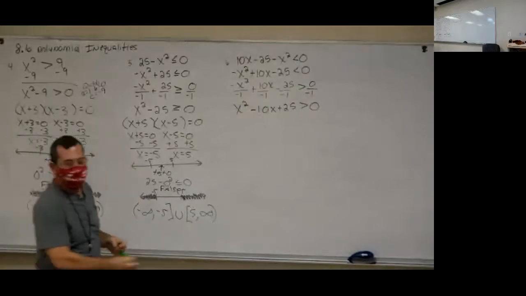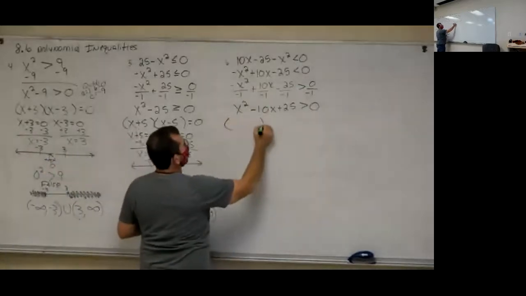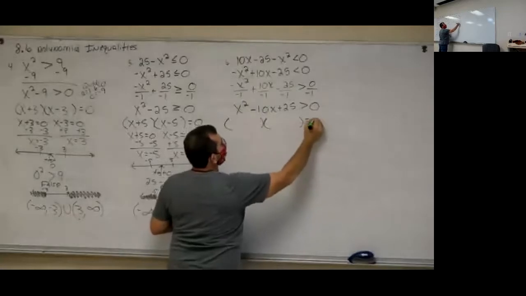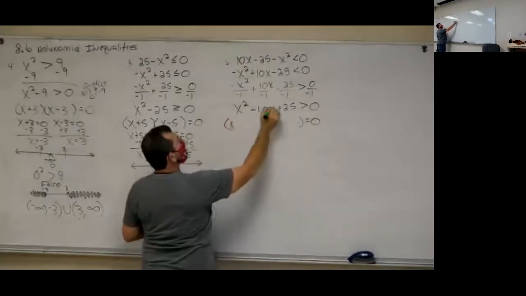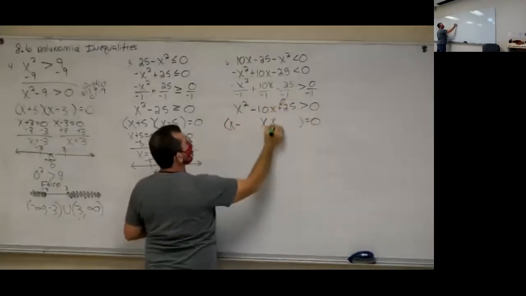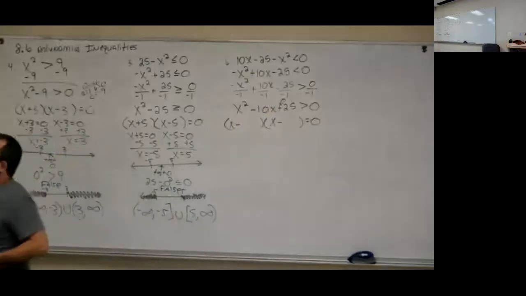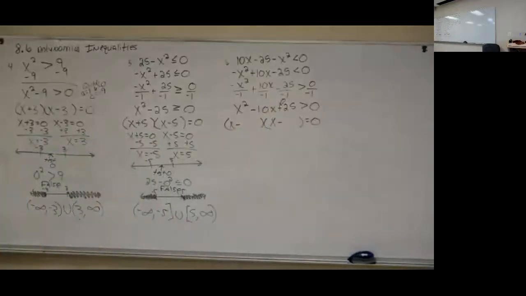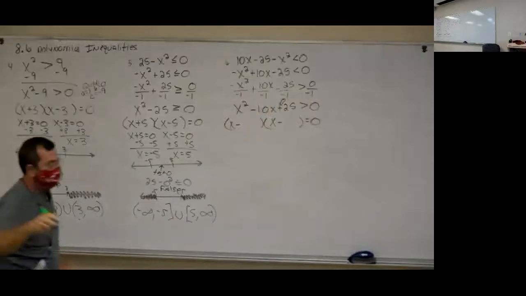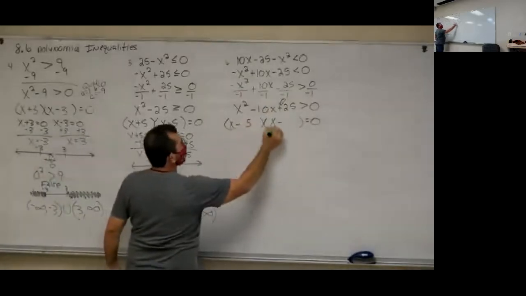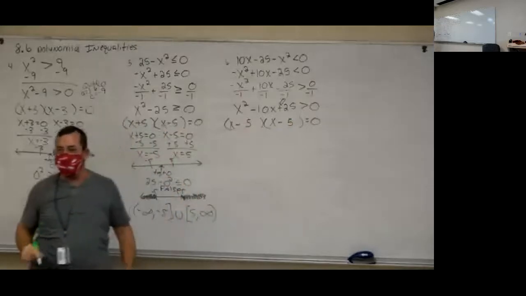But let's see if we can factor it. So I got an x and an x. Last one's positive, so both of these will be negative like the middle. So what I need on this one is my factors of 25 that'll add to get 10. Oh. So a 5 and a 5.